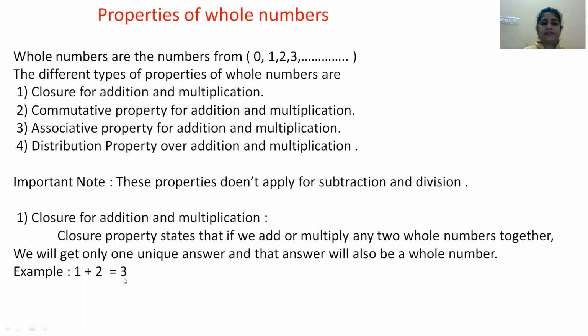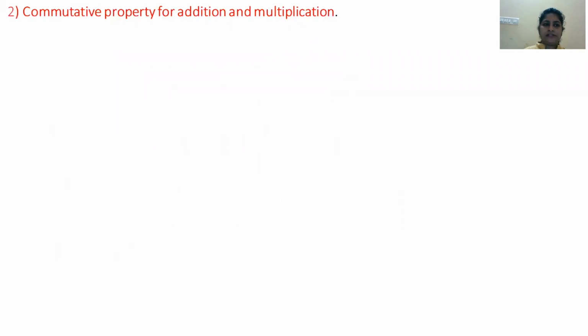The answer is 3, so 3 is a whole number again. Even in multiplication, 1 into 2 equal to 2. 1 is a whole number, 2 is a whole number, so the final answer is also a whole number. This closure property says that when we add or multiply two or more whole numbers, the final answer will be a whole number. So this is simple.